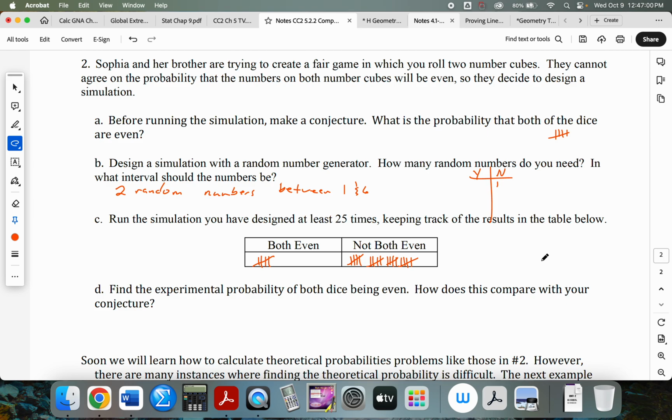I got 0. I got 4. I thought it would be a six.